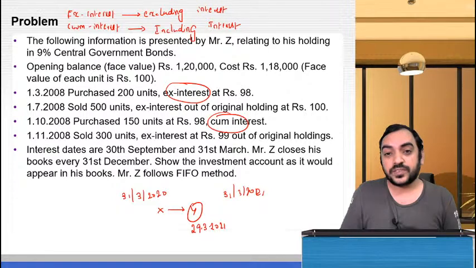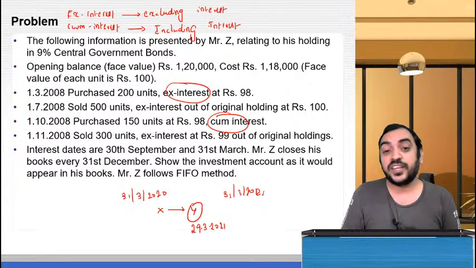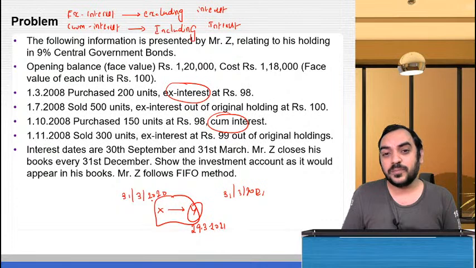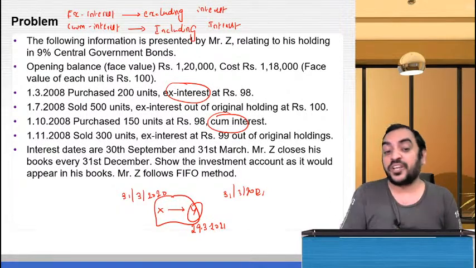Amazing concept, sir. One day before you purchase, you get a full 1 year interest. Amazing, very nice. But the person who is selling is not a fool. When he is selling, he will make sure he sells including the element of interest.